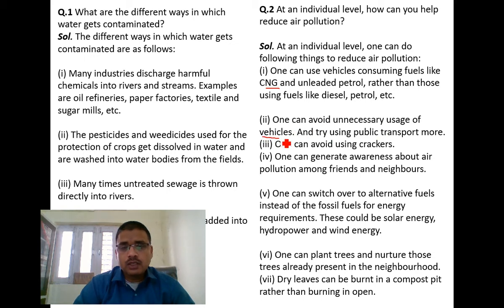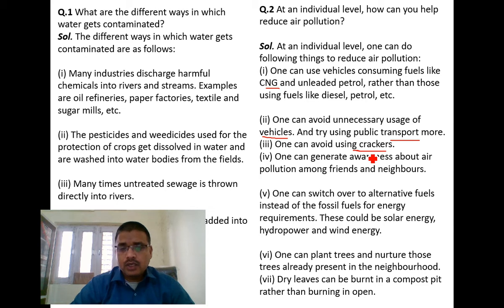One can avoid using crackers. Crackers are also responsible for air pollution. One can generate awareness about pollution among friends and neighbors, and switch over to alternate fuels instead of fossil fuels.